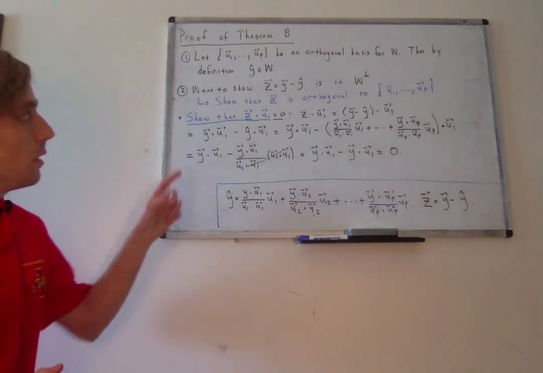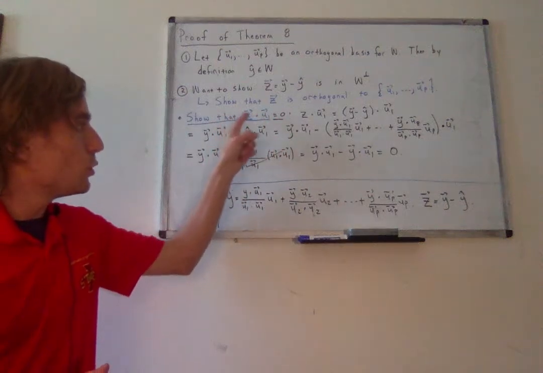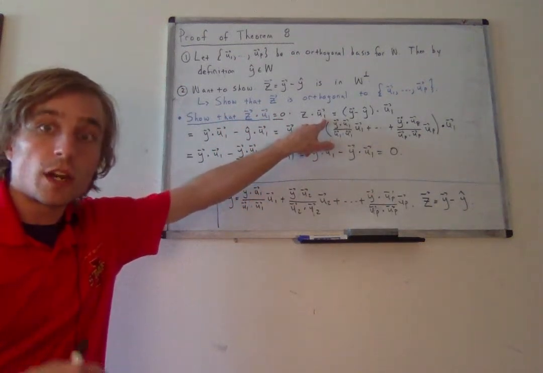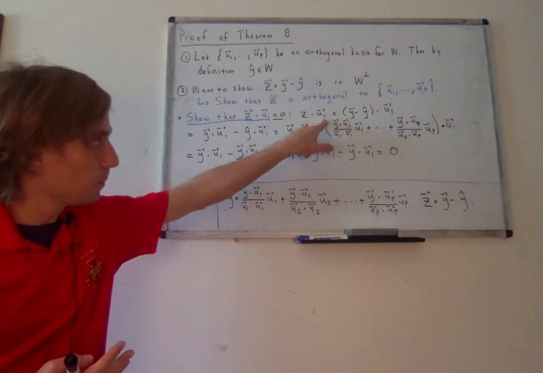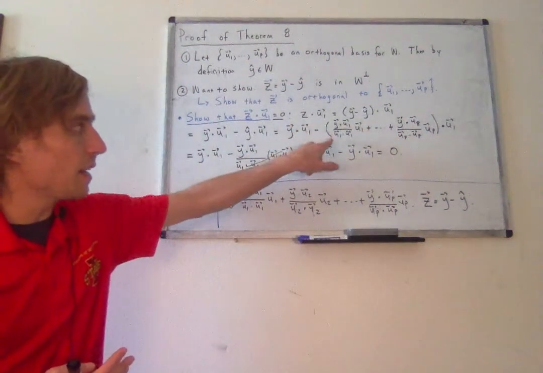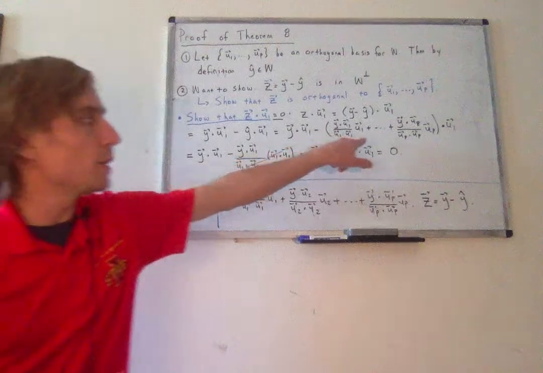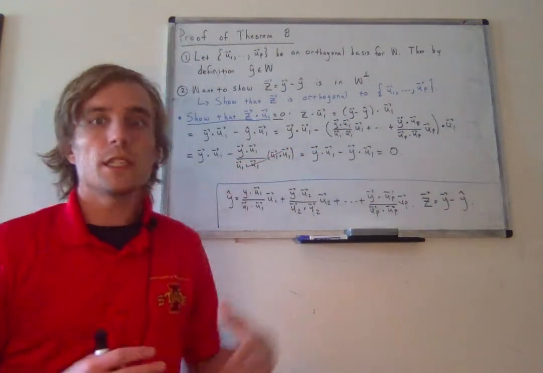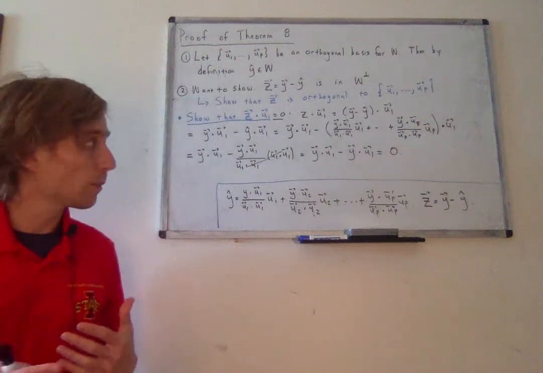And so basically you would do this for each other vector, just replacing this index with whatever index you wanted to show next. In this step, you'd be left with only the term containing the same indexed vector.